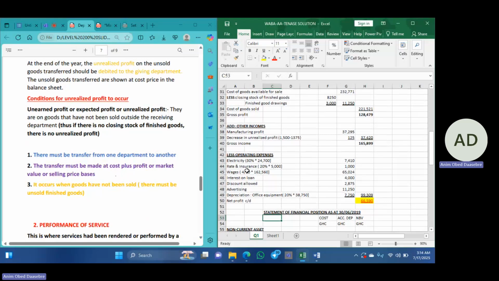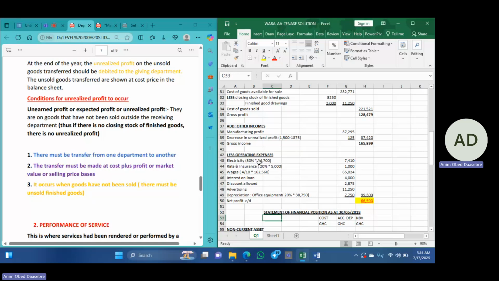So operating expenses, all the indirect expenses incurred in the administration will come here.